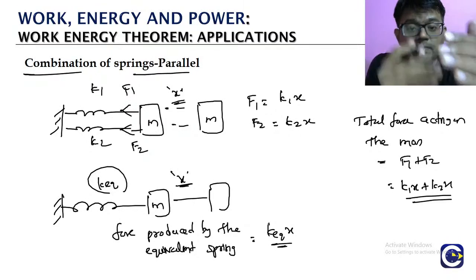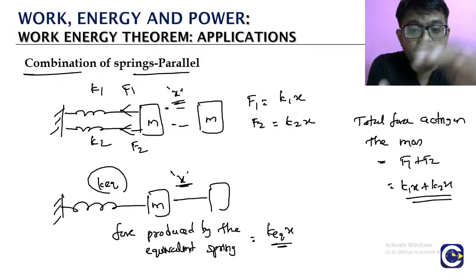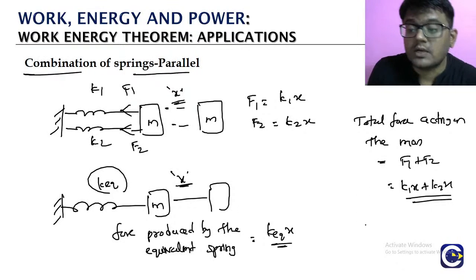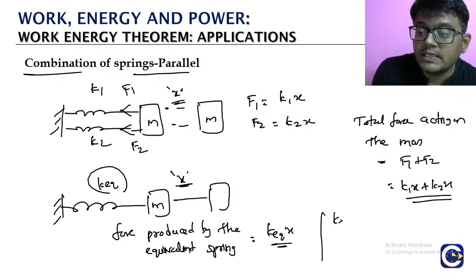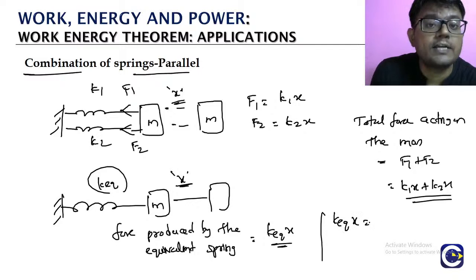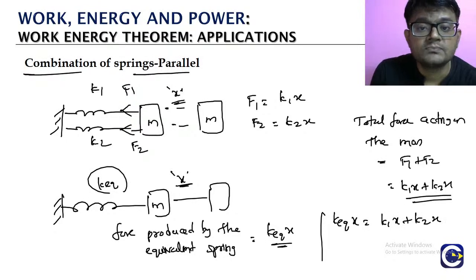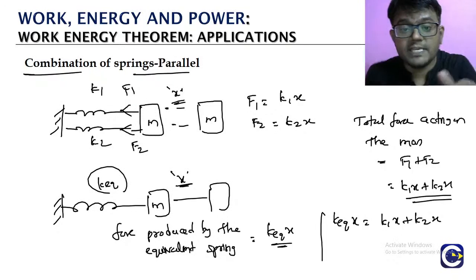If we have a parallel combination and we are replacing everything by just one spring, the total force given there should be produced by this one equivalent spring. Which means the force produced by the equivalent spring is equal to the total force produced by the parallel combination, which is K1x plus K2x. So in a parallel combination, what do we see?